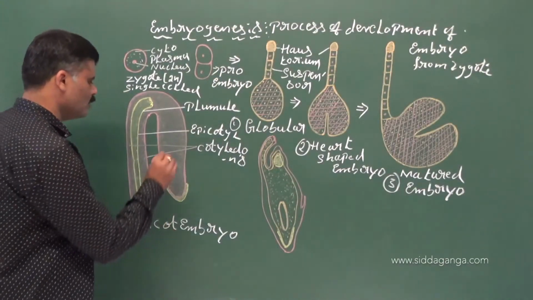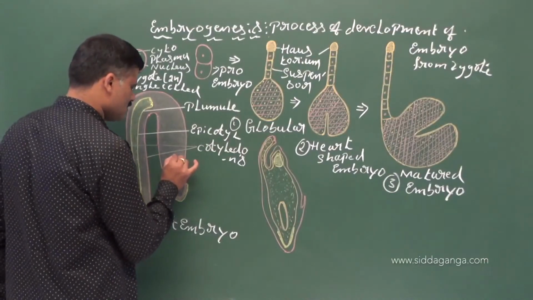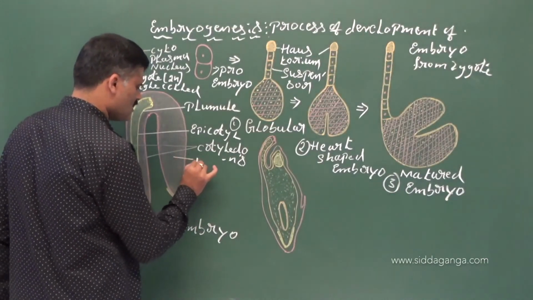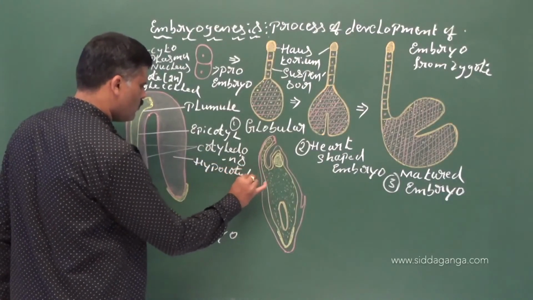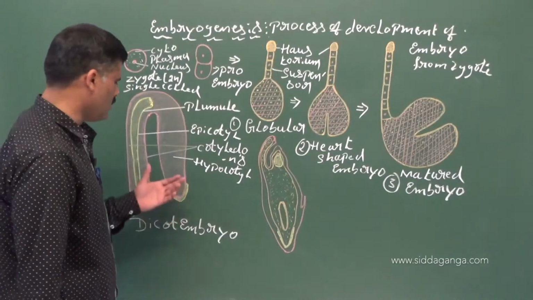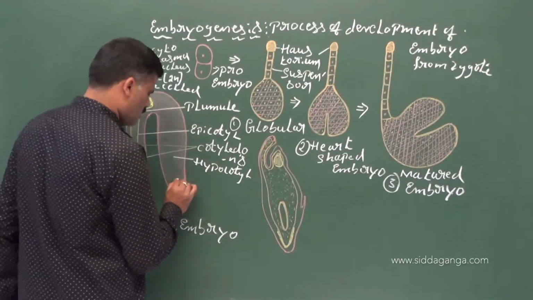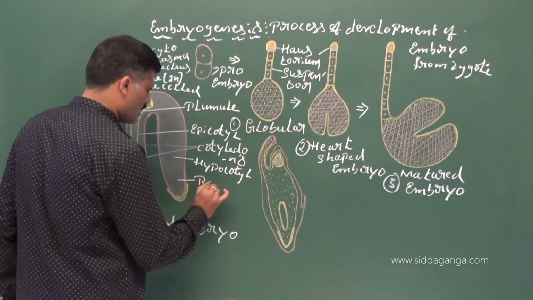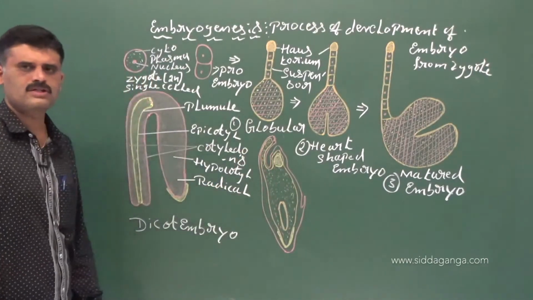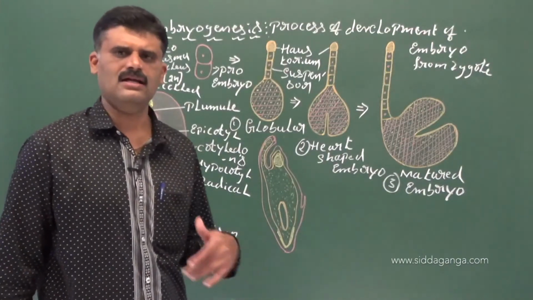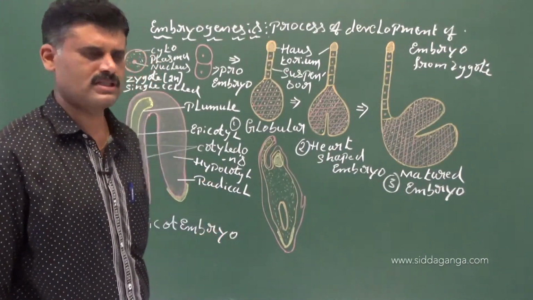Then the lower part of the embryonic axis is called hypocotyl. The hypocotyl gives rise to radicle. Radicle further develops into the root system.